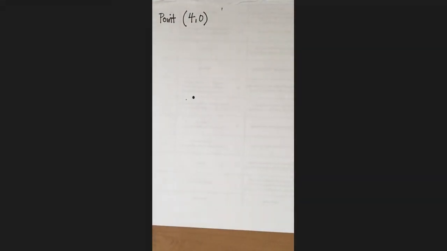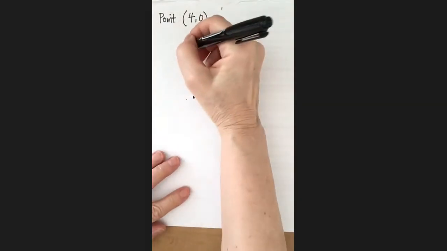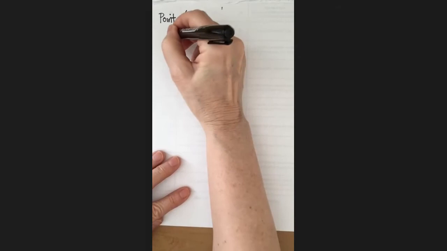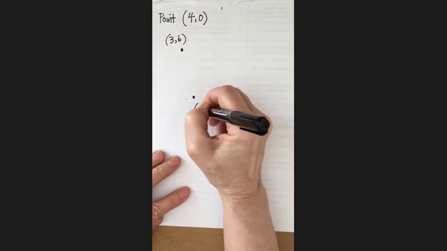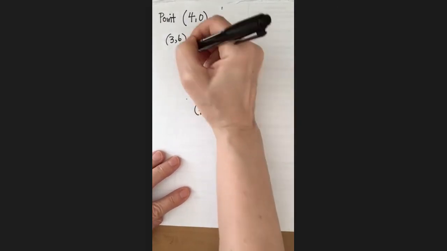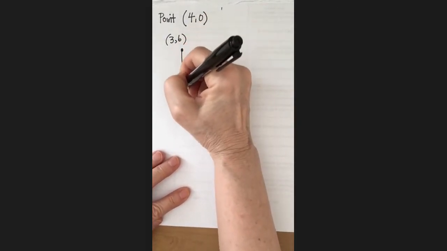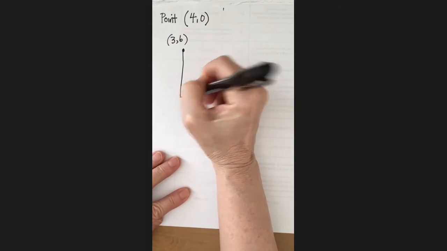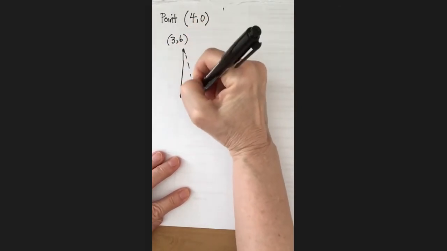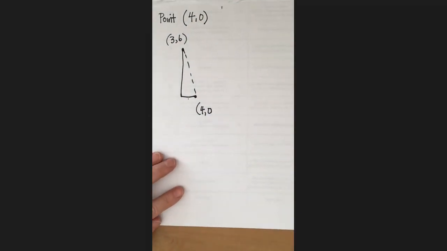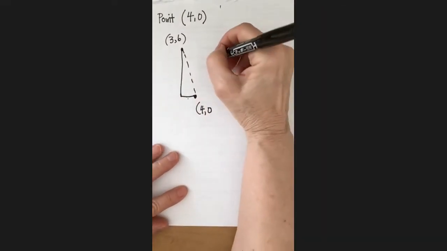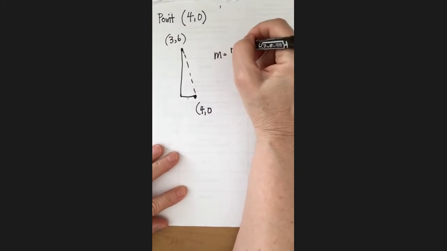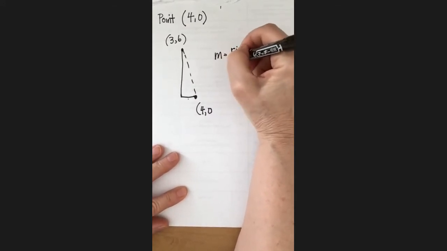And then I see the point (3, 6), and that would kind of be up here. So this is the point (3, 6), and this is the point (4, 0). If we draw down our legs, we have that part, and here's the line coming down, but we don't need that to find the slope of the line. Now remember, the slope equals the rise divided by the run.